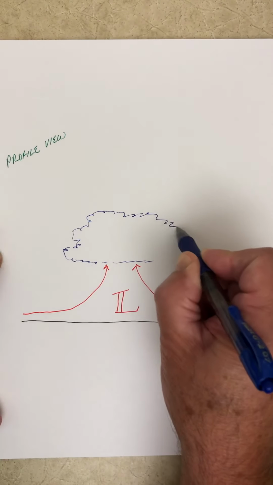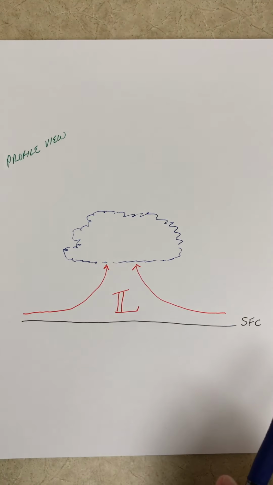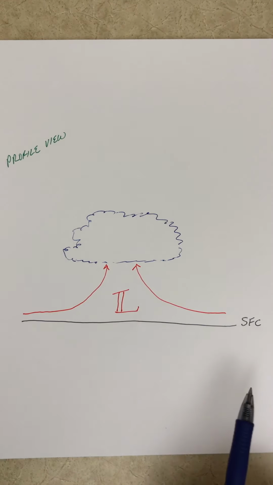We'll just draw this here. Carrying water vapor up into the atmosphere, forming clouds. If there's enough water vapor to work with, you'll get precipitation. So again, typically low pressures are areas where you find cloud cover and oftentimes precipitation.